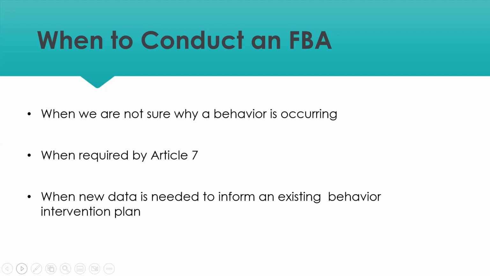So you can only use existing data, which is why, as I said earlier, you need to be collecting data and have as much as you can at the time, because you can use that to inform your behavior plan.